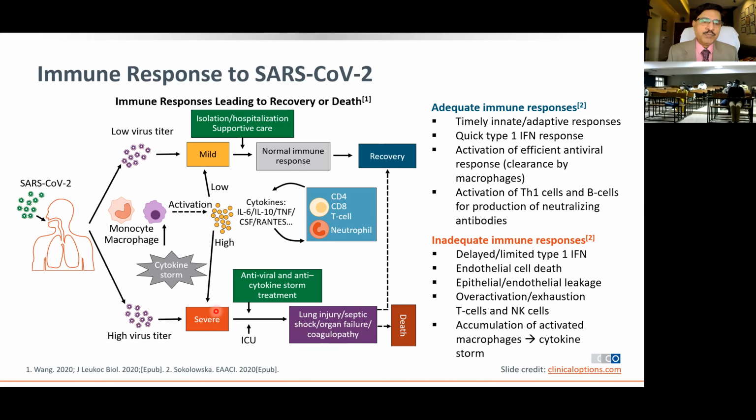Here, regarding the virus titer, there are several reports I wanted to bring to your notice. What is called the CT, cycle threshold, or cycle replication time? What is cycle replication time? Suppose I show the sample to the PCR machine, and if it detects in the first cycle itself, that means the virus load is more. Suppose I ask it to multiply by 2 times and then look at it, that is cycle 2.